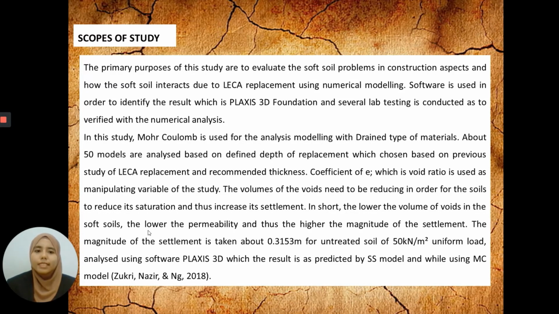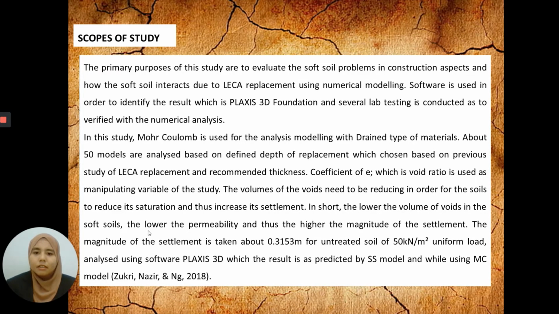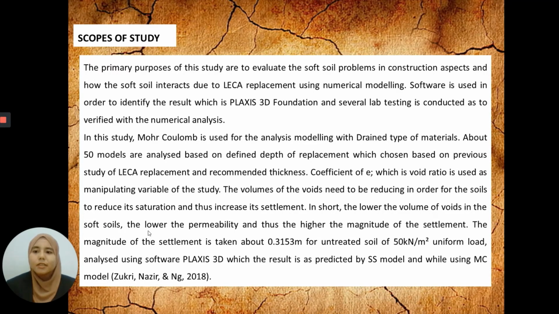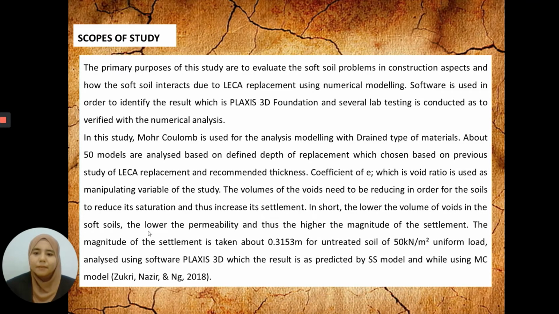Coefficient of e, which is void ratio, is used as the variable of the study. The volume of the voids needs to be reduced in order for the soil to reduce its saturation and thus decrease its settlement.